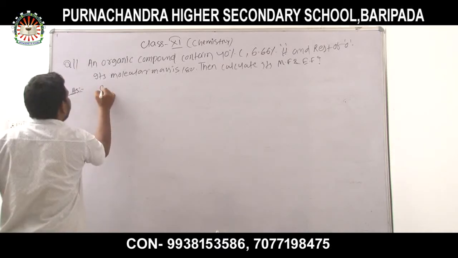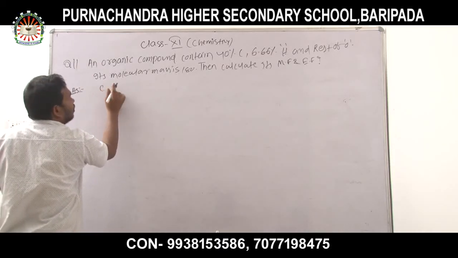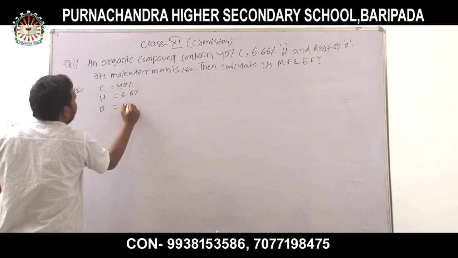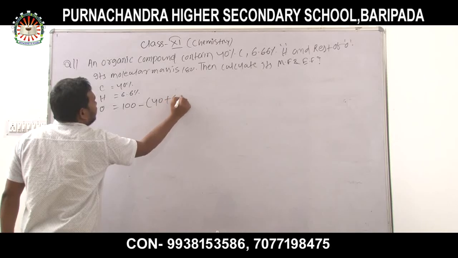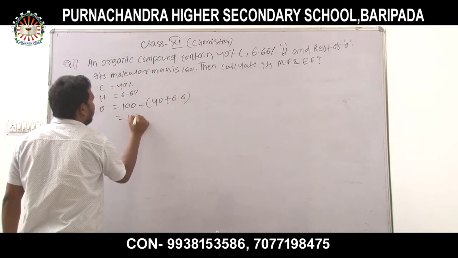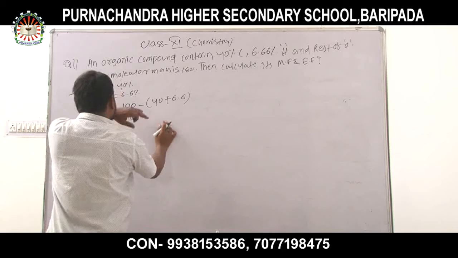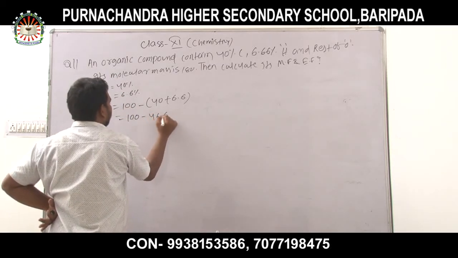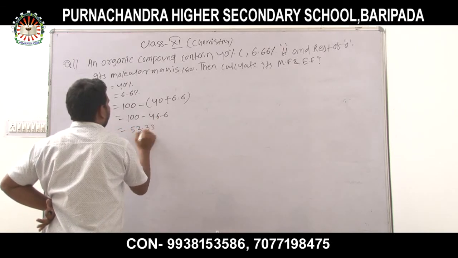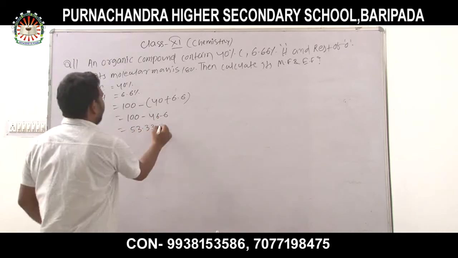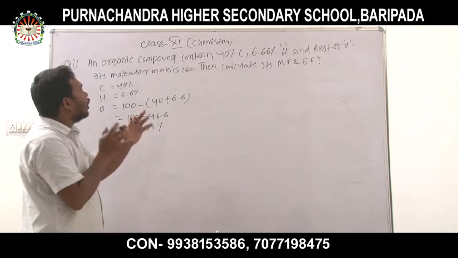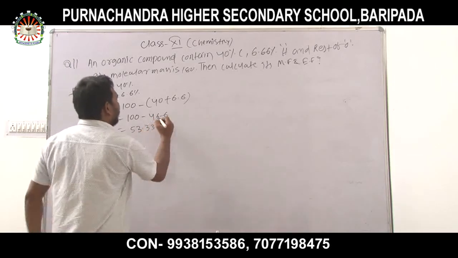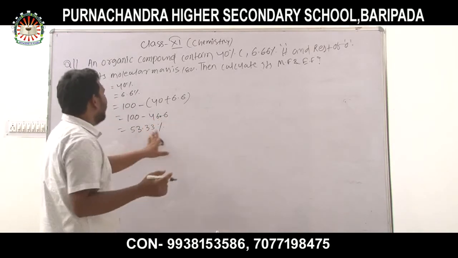Thus, carbon 40%, hydrogen 6.66%, then oxygen is 53.33%, because the total percentage is 100, and carbon and hydrogen give 46.66%, so the rest is 53.33%.